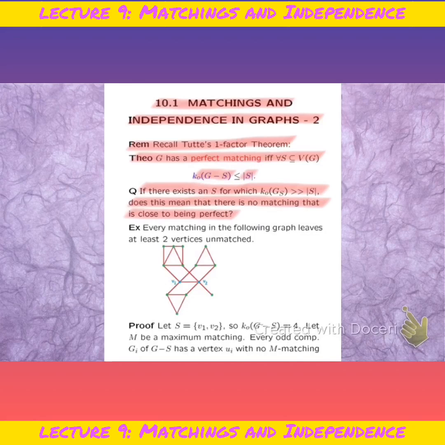We sort of want to know how many vertices are unmatched within a maximum matching. So in this example, every matching in the following graph leaves at least two vertices unmatched.